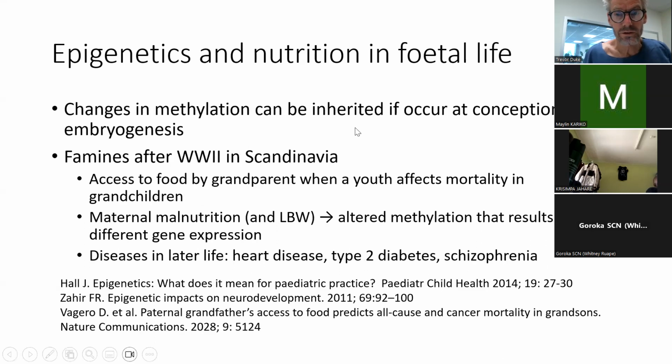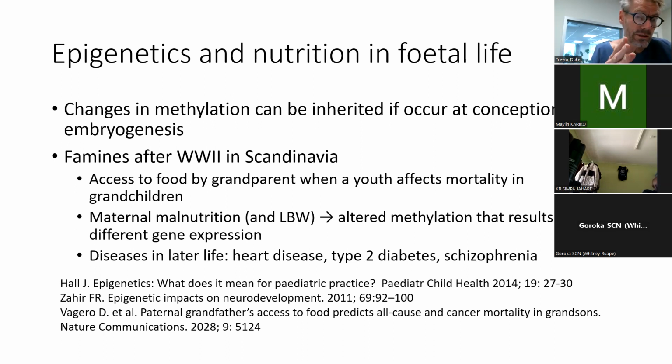There are certainly changes related to nutrition, and we know that from large studies of famines during the Second World War in Scandinavia and Germany. There are changes that occur not only in those people but also in subsequent generations, and those changes relate to epigenetic changes that occurred in the genetics of people who had very limited access to food, and that can affect the mortality of even their grandchildren.